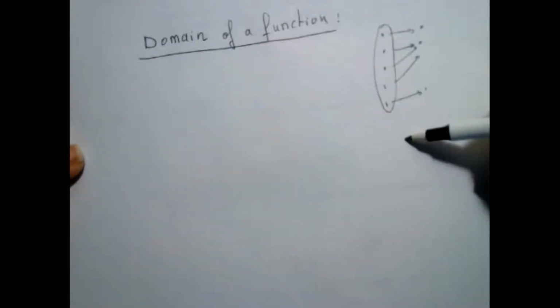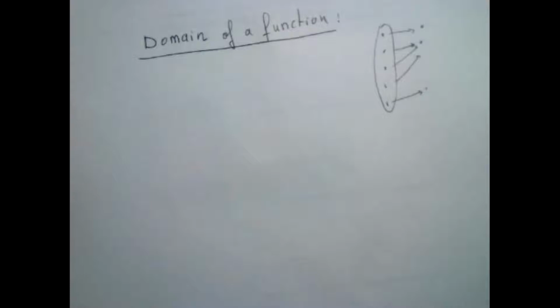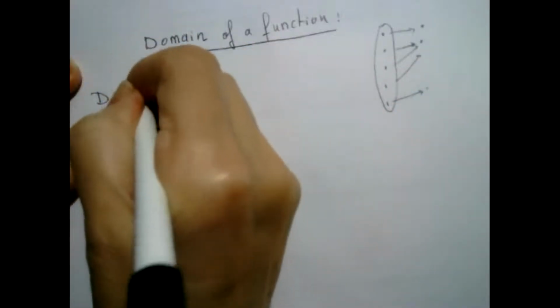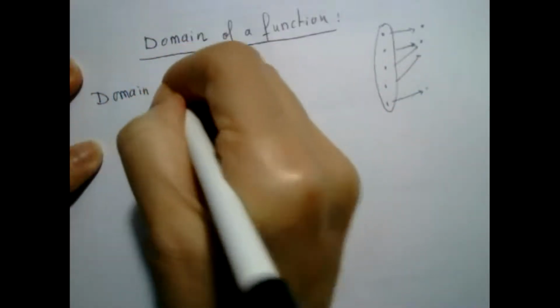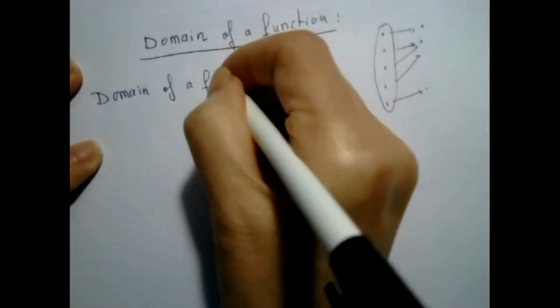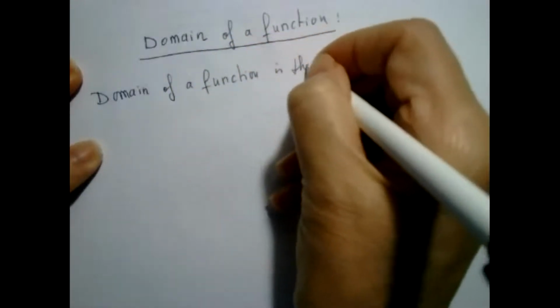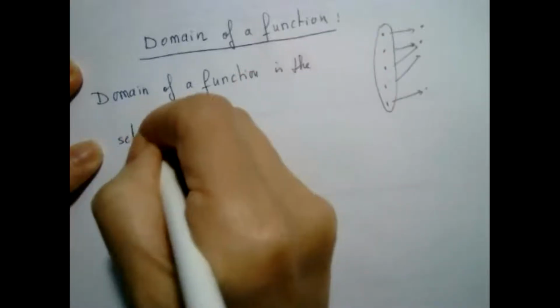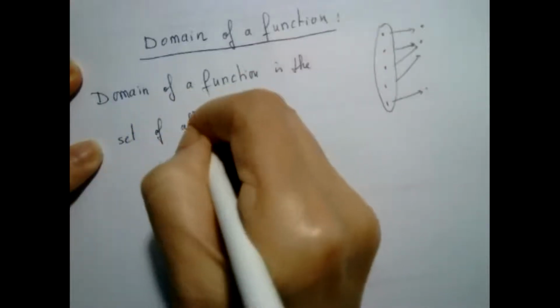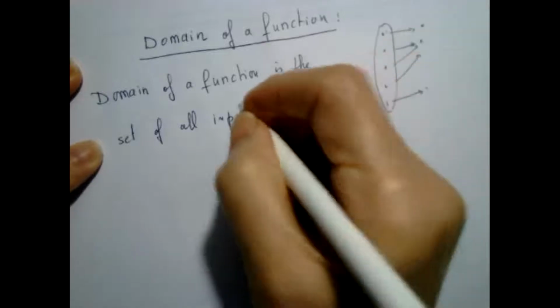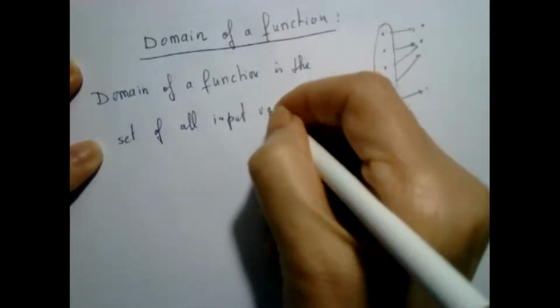All those input values, we give them a name: we call them the domain. So the domain of a function is the set, the collection of all the input values. It means the things that we assign something to.